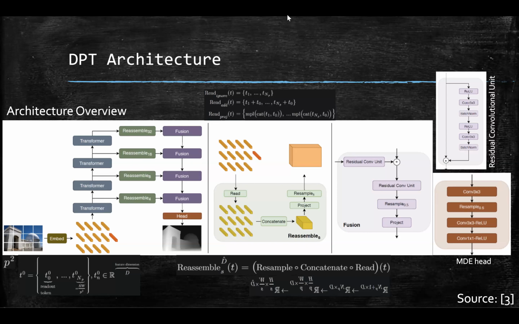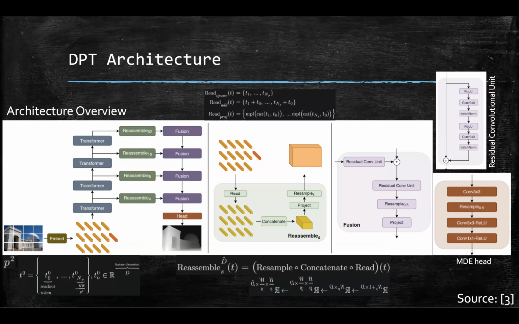Those extracted features, so we are here now, after the reassembling function, are combined using a RefineNet-based feature fusion block here, or you can see it magnified here. Upsampling is done progressively by a factor of 2 at each fusion stage. The final representation has half the resolution of the input image.